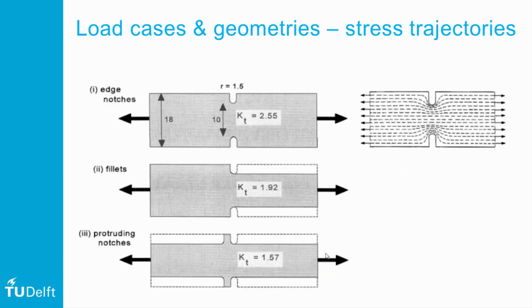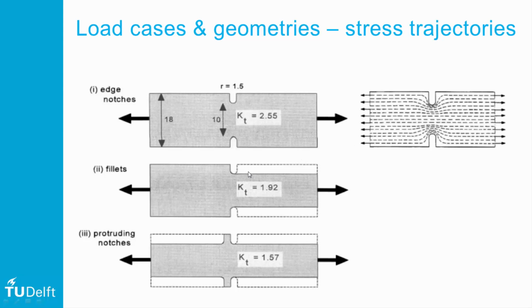Another example is this flat plate with two notches on both sides. So in the notch root the stress concentration factor is 2.55, and we can illustrate with the stress trajectories that indeed at the notch root on both sides a stress concentration is present. Now if we remove a piece of material and we redraw the stress trajectories, we would identify that the density of stresses near the notch root is reducing.